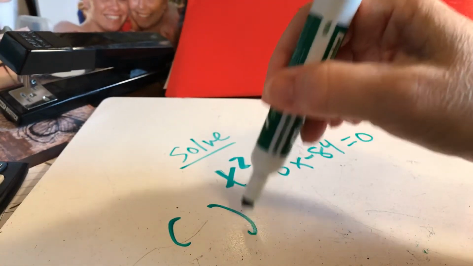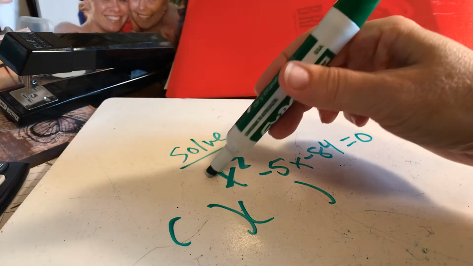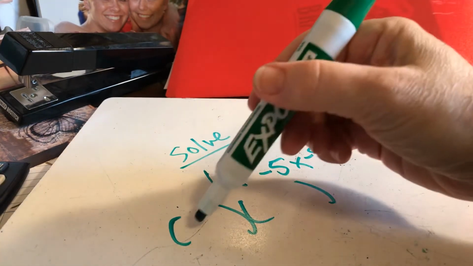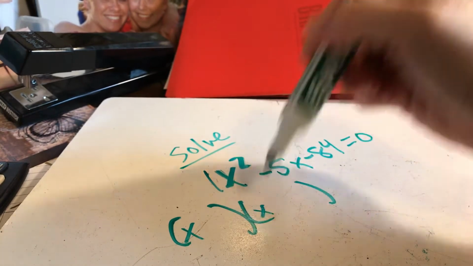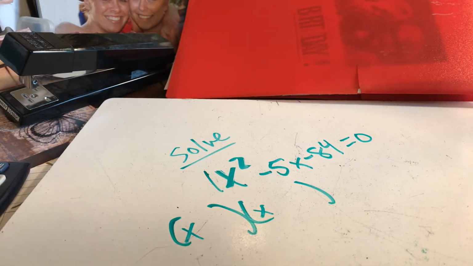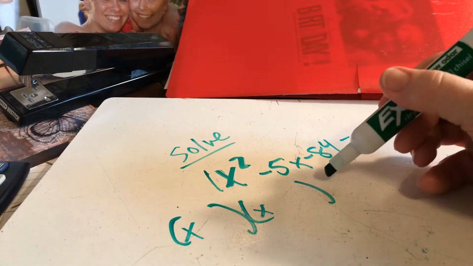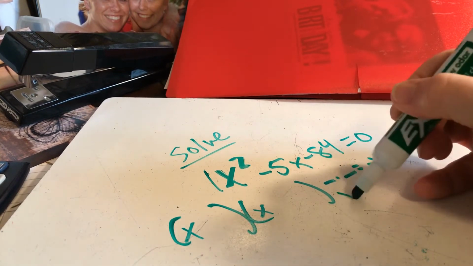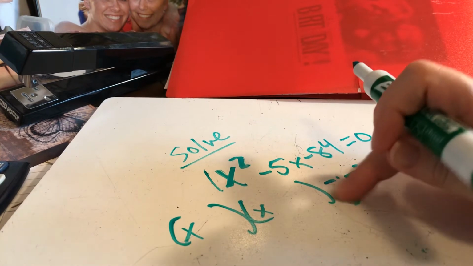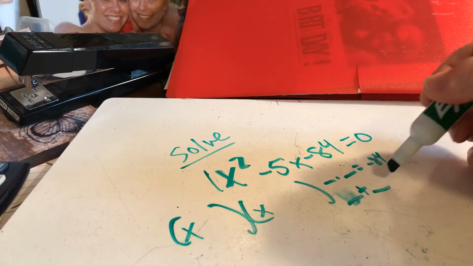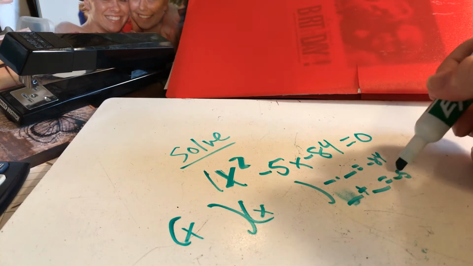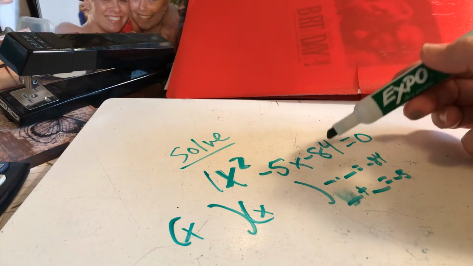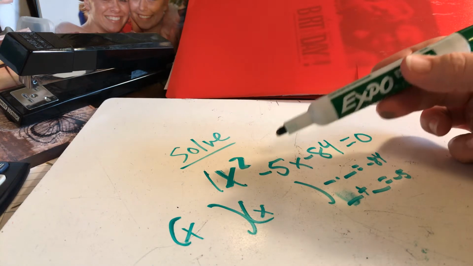So in order to factor a problem that has a 1 here, or no number that you visually see, you can put an x inside both sets of parentheses. You are finding two numbers that multiply together to equal -84, and when you add those same two numbers, you're going to get -5, the number in the middle. Multiply together to give you the last term, add together to give you that middle term.